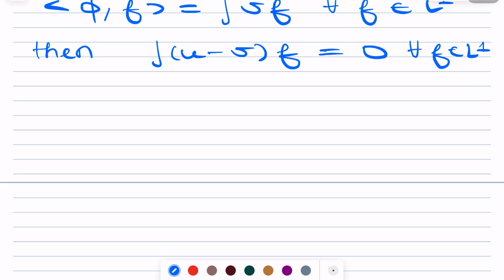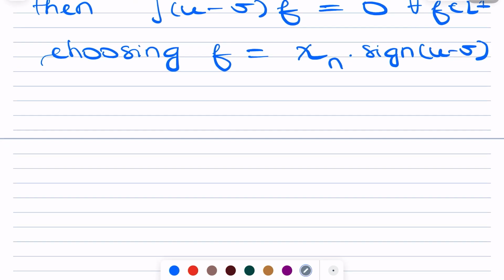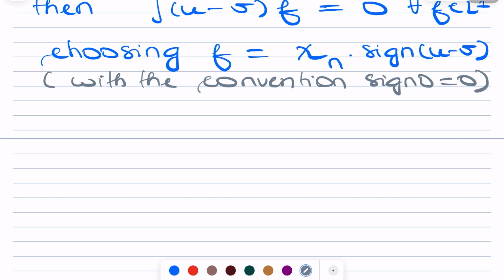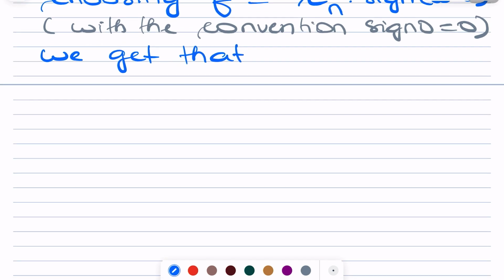So choosing f to be chi n times the sign of u minus v, with the convention that the sign of 0 is 0, we get that the integral over omega n of the absolute value of u minus v, d mu, is equal to 0.